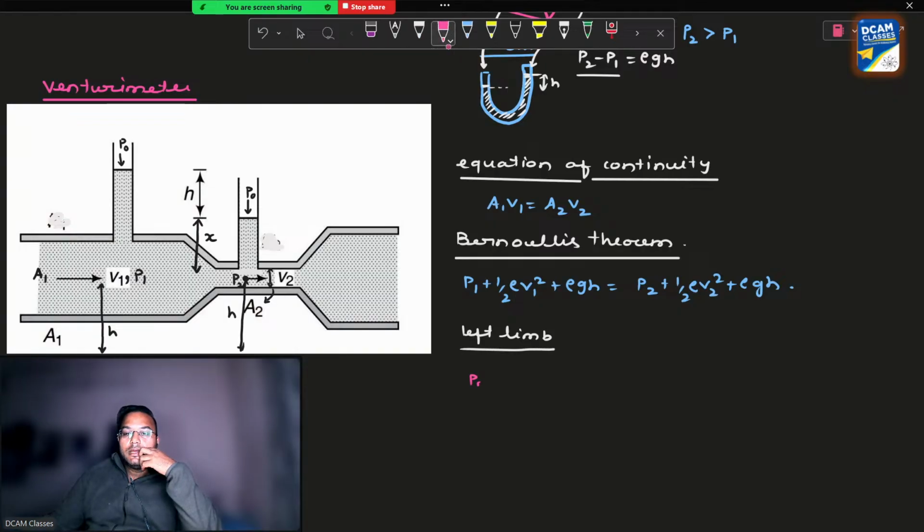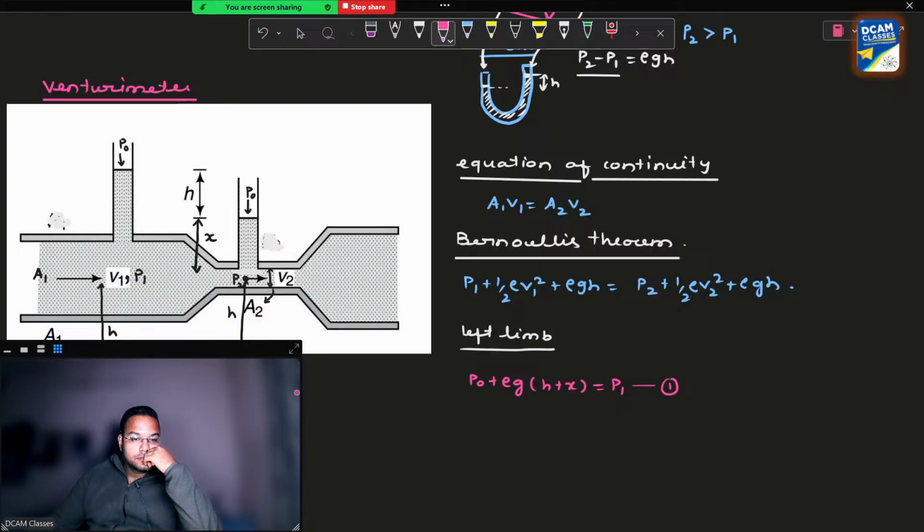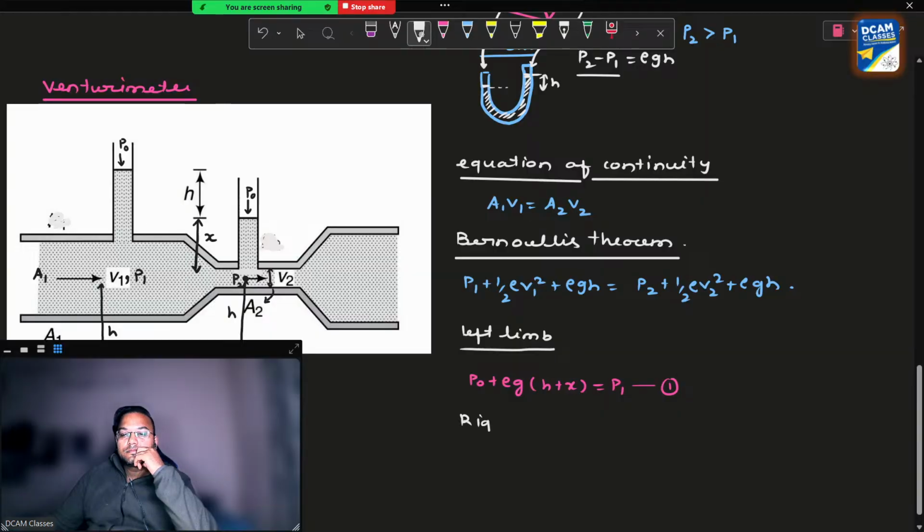P naught plus rho g (h plus x) is equal to P1. The first equation. Now, if we take the right limb, what would be pressure P2? P naught plus rho gx is equal to P2.